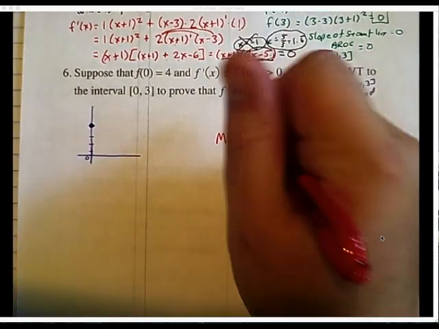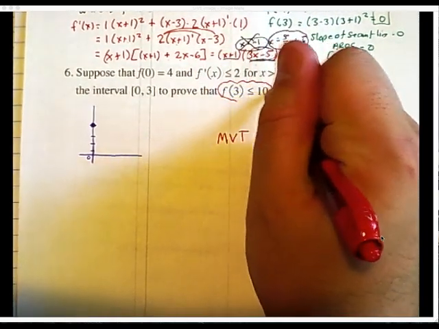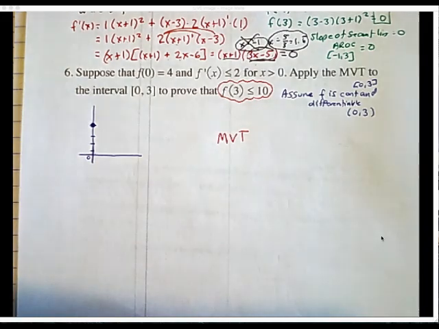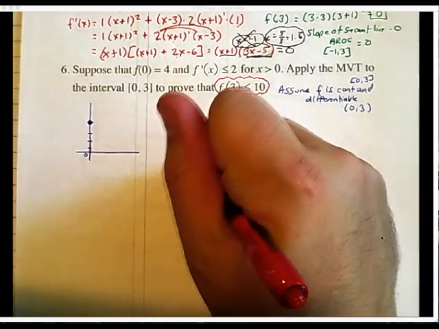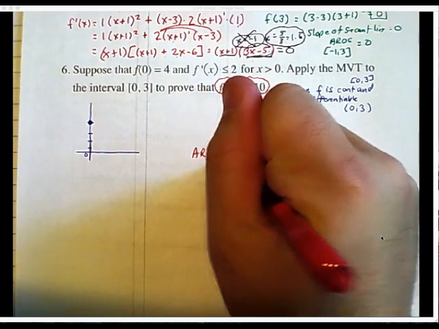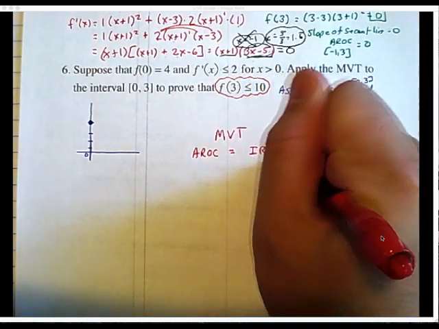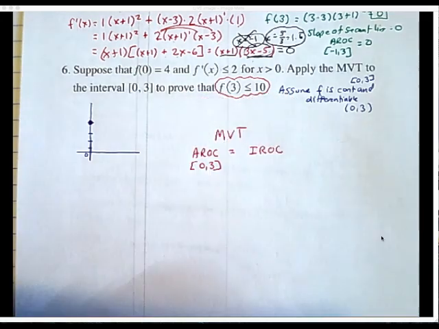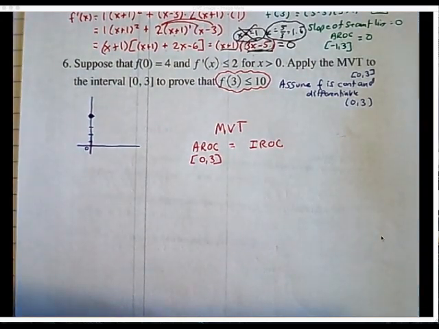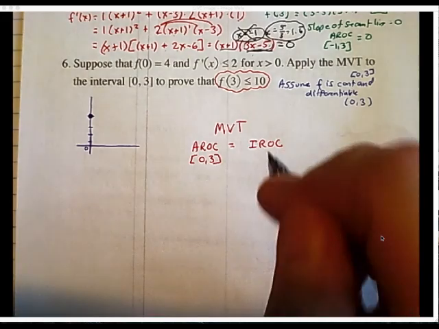I want to end up saying f of 3 is less than 10. So MVT says that the AROC has to equal the IROC. So the AROC between 0 and 3 has to equal the IROC.